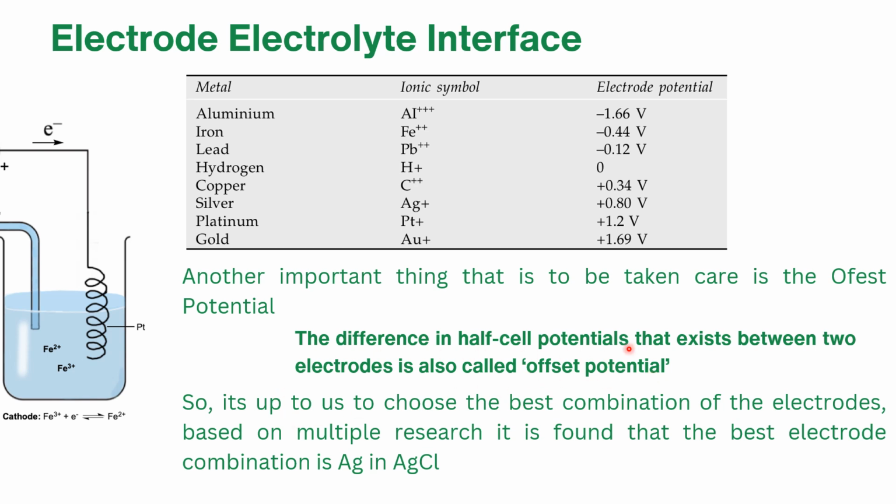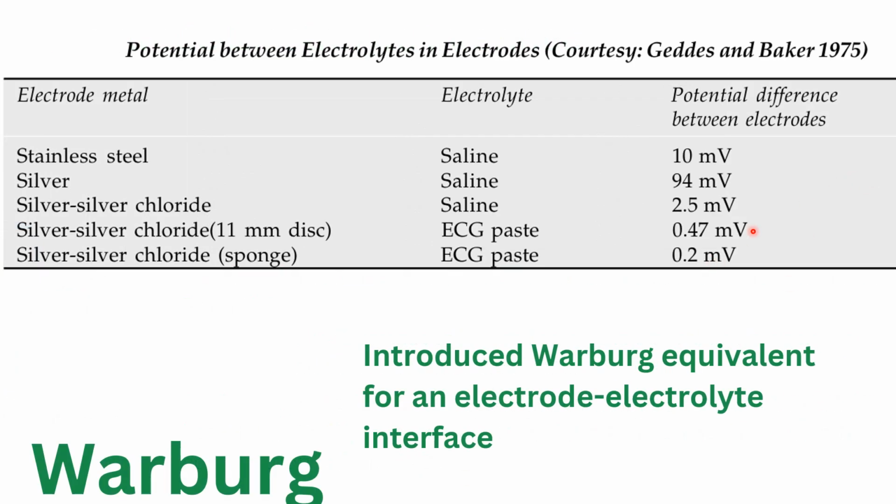And the scientists worked a lot, and they found out that this particular electrode in the solution is the most effective one. Silver in silver chloride is found to be most effective, which you can see from this table. If I use stainless steel in a saline solution, the potential difference between the two electrodes, I mean the offset potential, is 10 millivolt, which is very high.